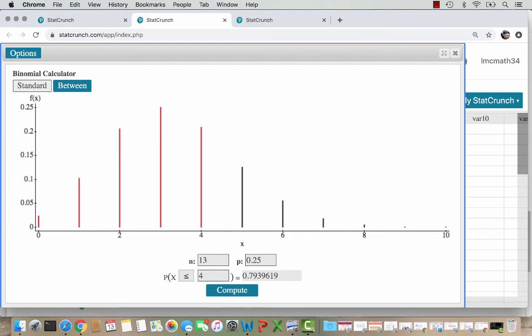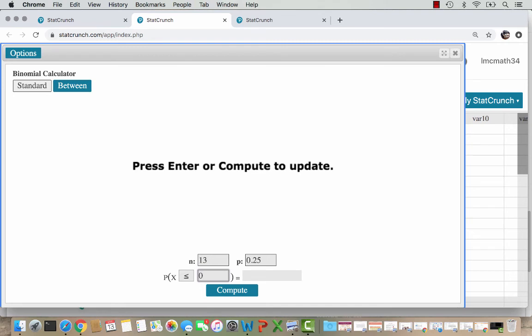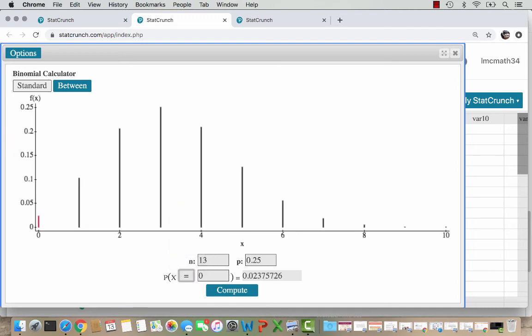Question A asks us to use the binomial calculator in StatCrunch to find the probability the player is dealt no heart cards. So that's the probability that x is 0. Notice, right now we're saying x is less than or equal to 0. This would be okay and give us the same result as saying x equals 0 because there's no negative possibilities. But we can actually click our inequalities and change it to the equality symbol.